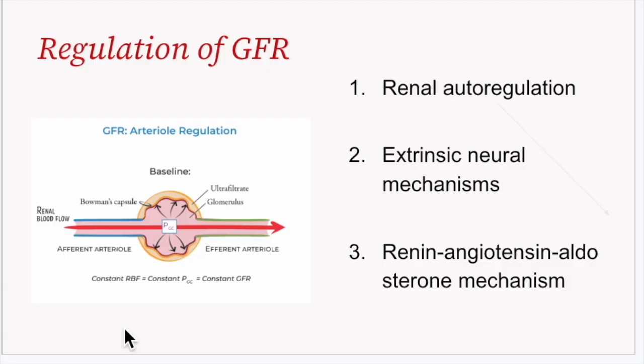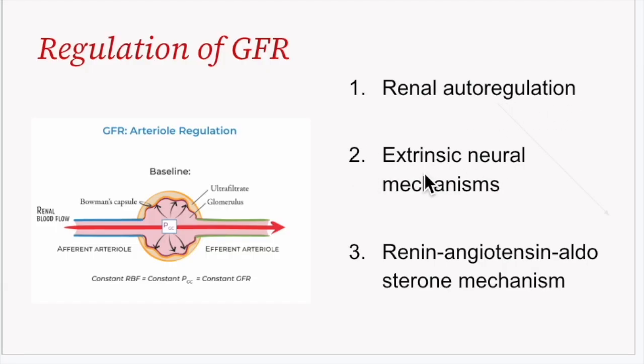Tubulo is talking about the tubule, glomerulus is the glomerular capillaries, and the feedback is going to respond to changes in the rate of filtrate flow going into the tubules. So that is renal autoregulation, auto meaning self here.